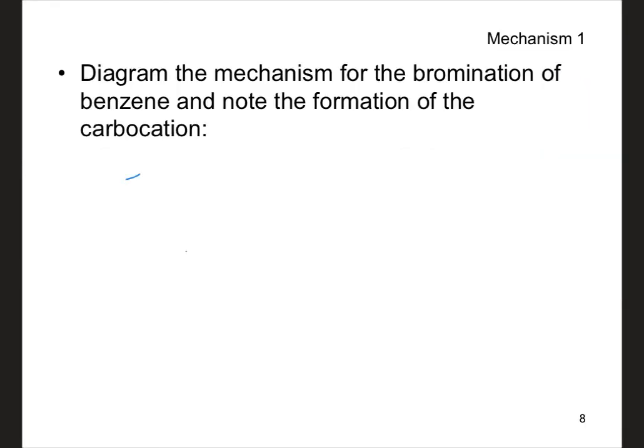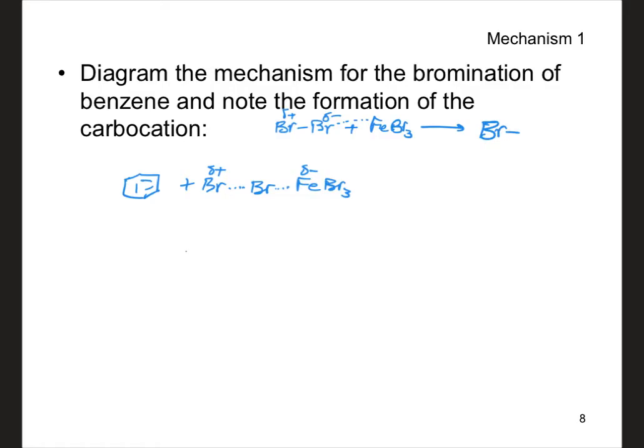So the next step would be, maybe we can just show that coordination. This is delta minus, this is delta plus, and we saw previously that it's going to be FeBr3, which is going to coordinate with the negative end to first form this complex.